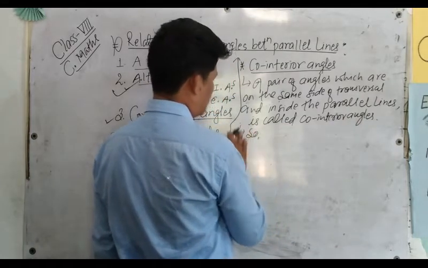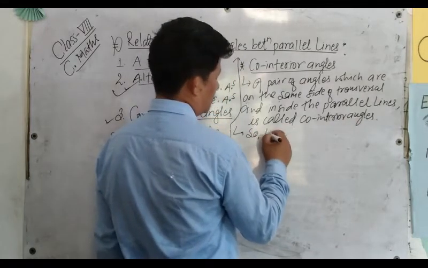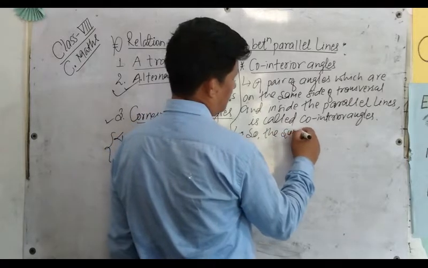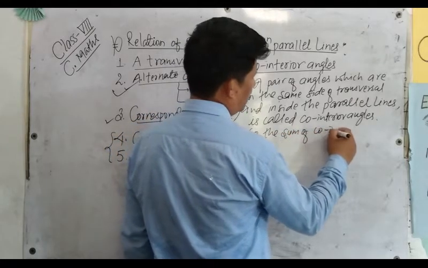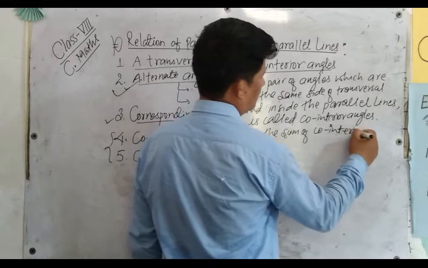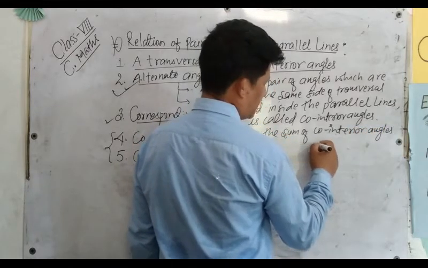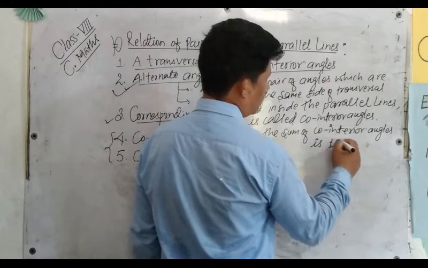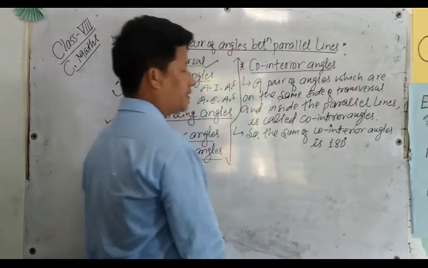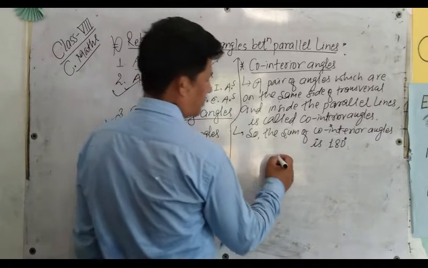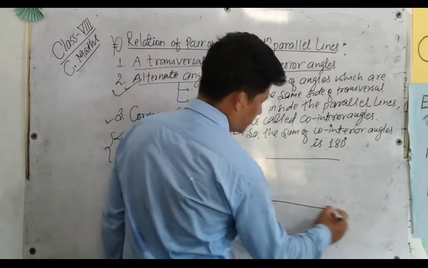So the sum of co-interior angles is 180 degrees.